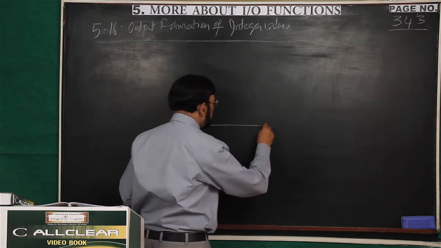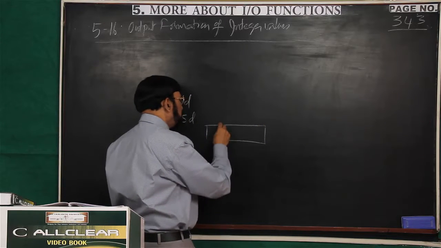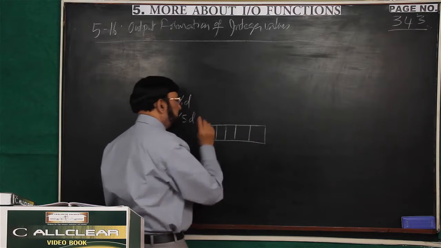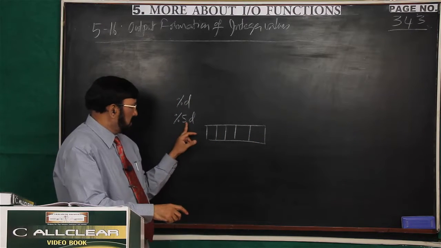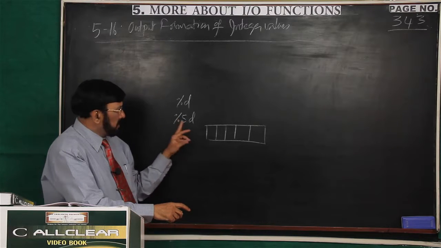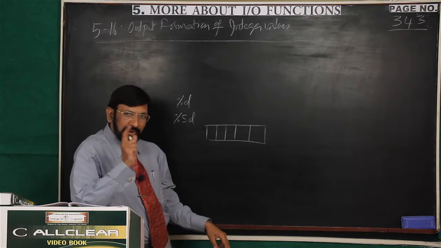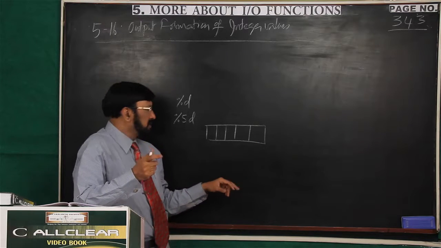That means 5 positions, 5 characters are reserved for printing your output. And your output is printed always by default with the right justification.